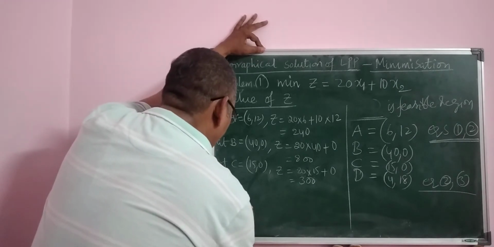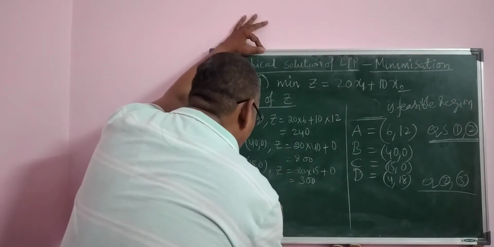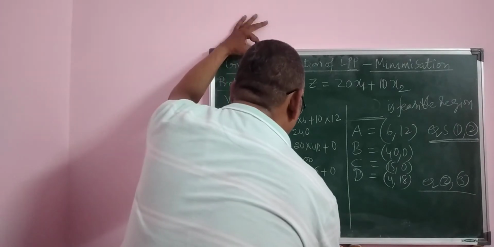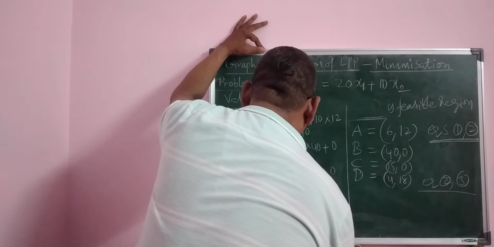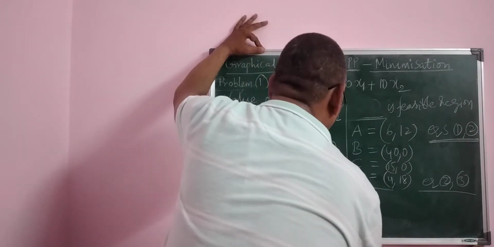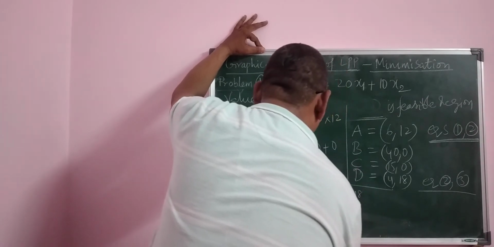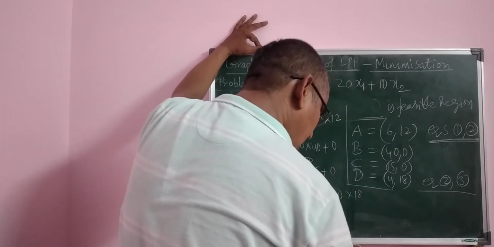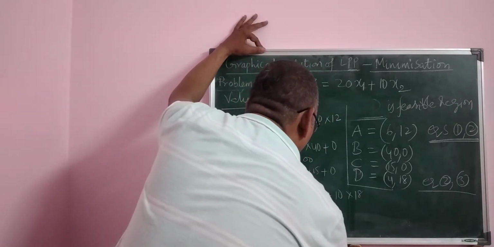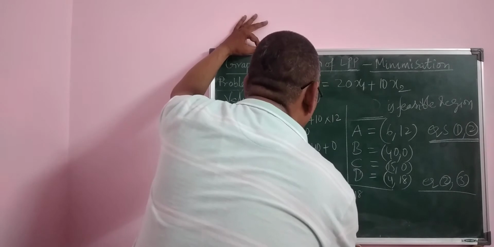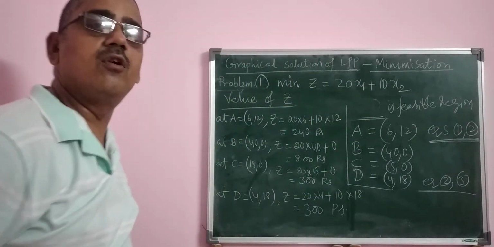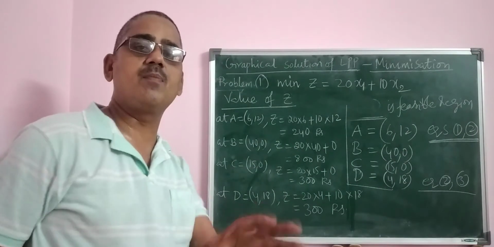At D, (4, 18), z is equal to 20 into 4 plus 10 into 18, so 80 plus 180, which is 260... it is 300. Right? It is 300. These are all in terms of rupees. So these are the values of z at each and every corner point.